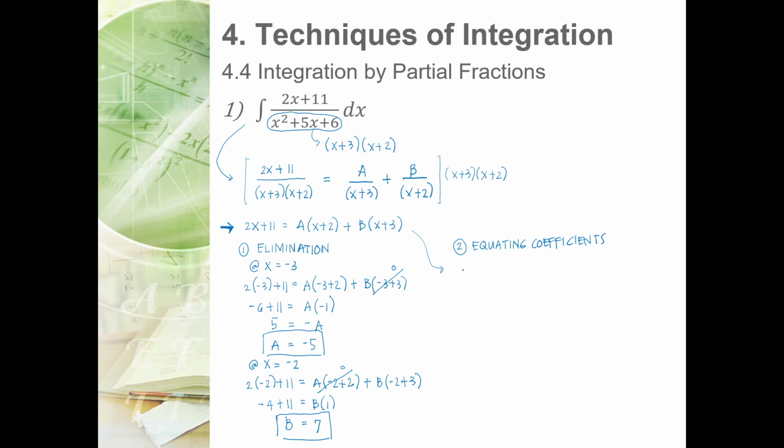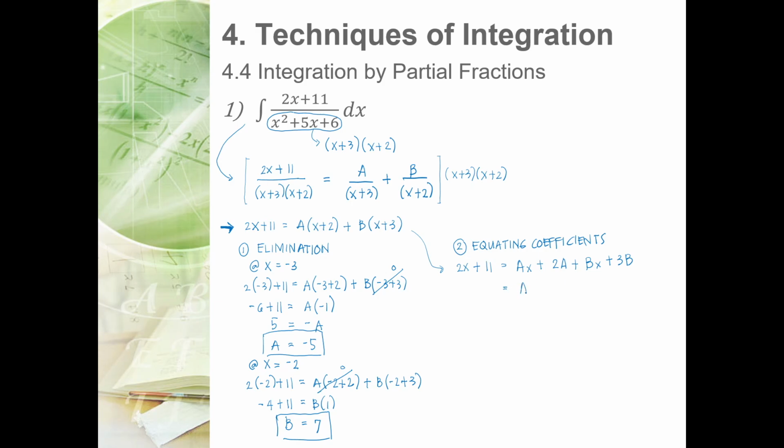What do you mean by expand? This means that I have to expand the right side of the equation. So 2x plus 11, then I have to multiply a inside the x plus 2. So this becomes ax plus 2a, and then plus b times x plus 3, so bx plus 3b. The next step is I'm going to group together the terms in x on the right side and all the constants.